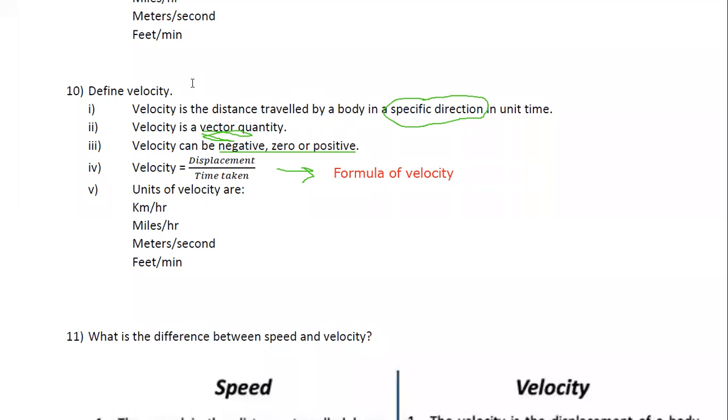The units of velocity are the same as the units of speed: kilometers per hour, miles per hour, meters per second, feet per minute. But what is the difference? In velocity, we also have direction plus magnitude, and in speed, we only have magnitude.